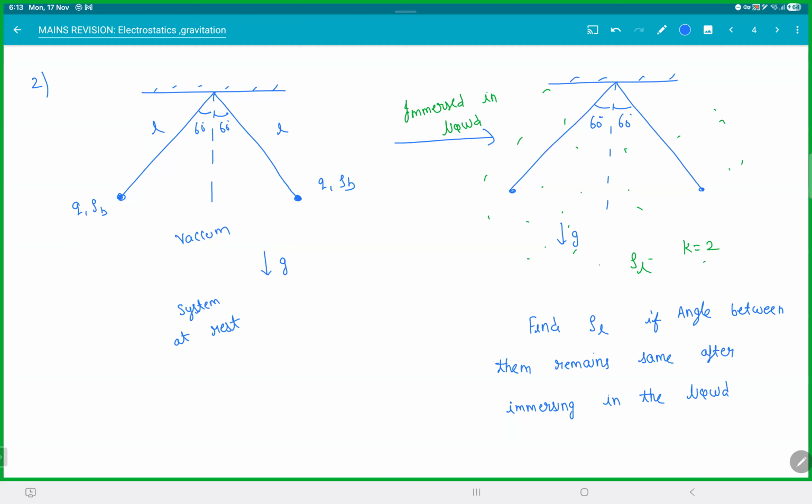Right there, yeah. Someone not clear with the question, please ask. So you need to ask yourself, when you put something inside a liquid, what happens? In Coulomb's law, the force decreases, but something else also happens.